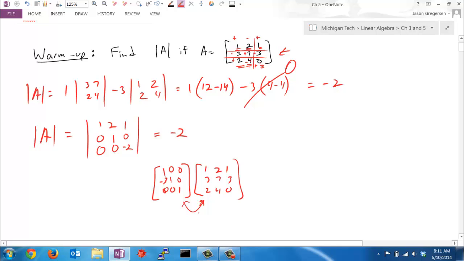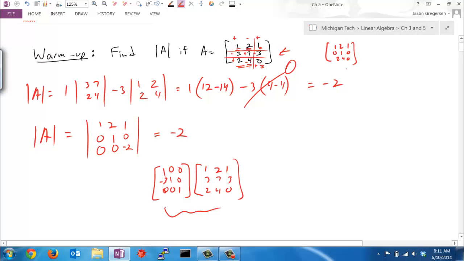Does that make sense? Okay. So the result of this thing will be 1, 2, 1, and then 0, 1, 0, 2, 4, 0. That's the result of that first row operation.